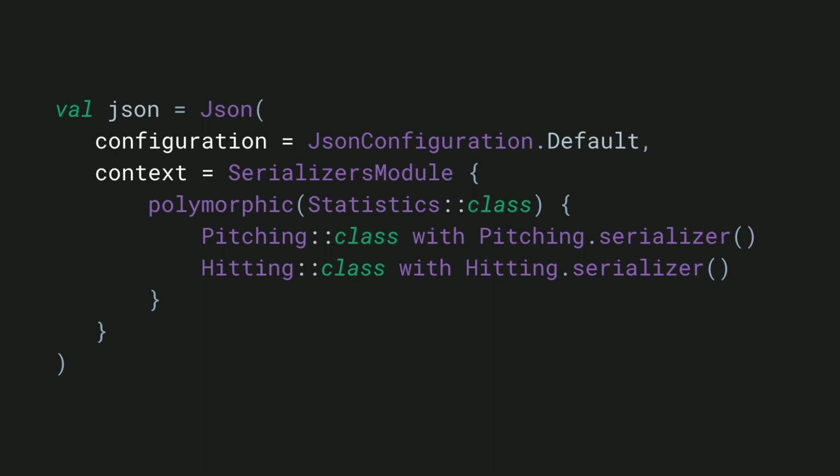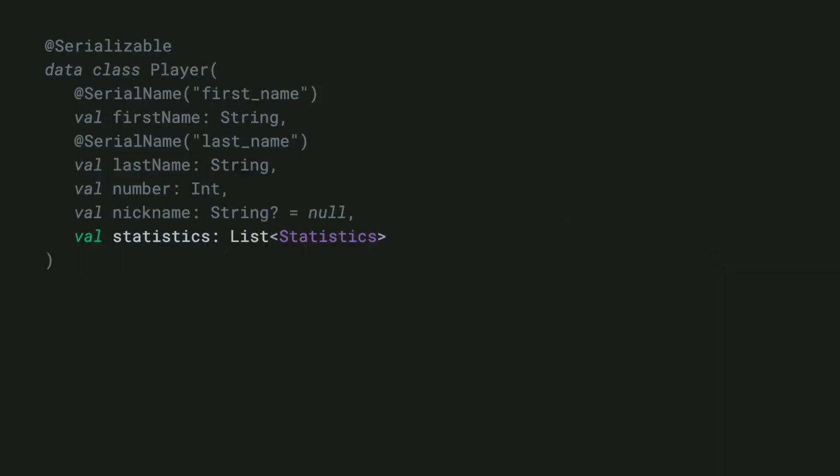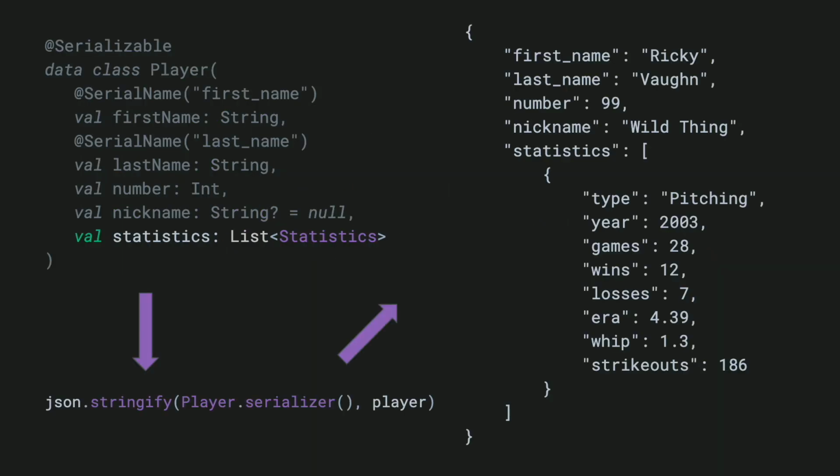So you're saying, when I have pitching, I'm going to use this serializer, and when I have hitting, I'm going to use that serializer. We give that to the JSON when we create the instance, and now when we go to serialize it, it works out just fine using the exact same code we had before. It's pretty handy, and that's the inherent support for polymorphism and sealed classes.